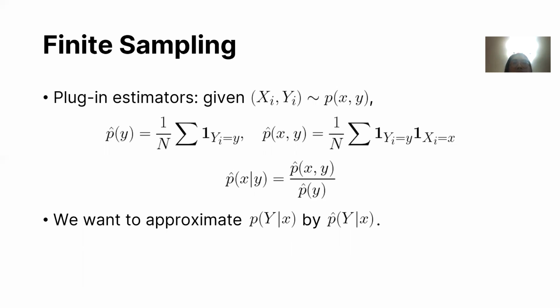A natural way to approximate the given distribution is using the empirical distribution, which is simply the sum of indicator variables over n. And also the conditional distributions can be defined in an estimated manner. So we want to approximate the conditional distribution P of y given x by P hat of y given x.